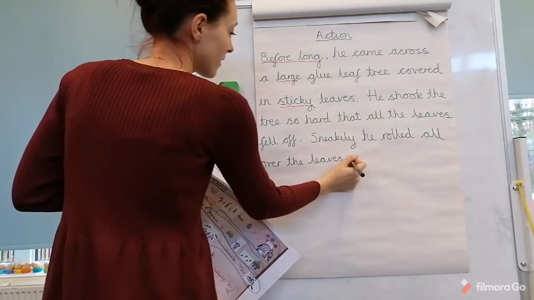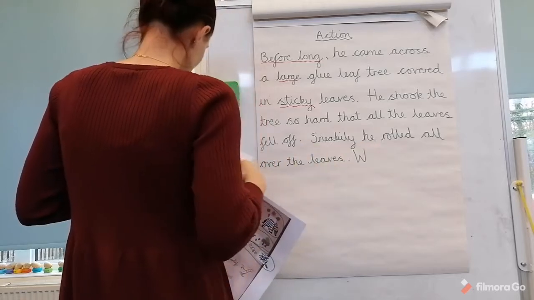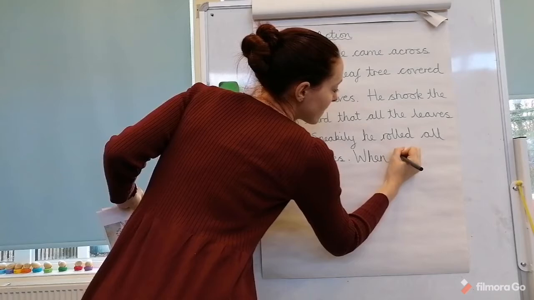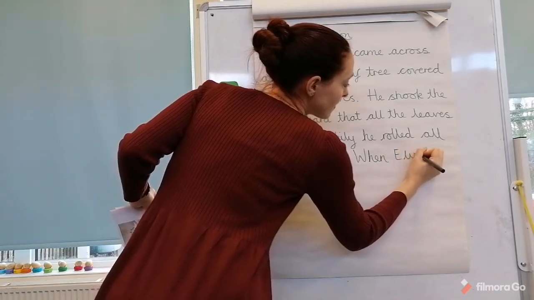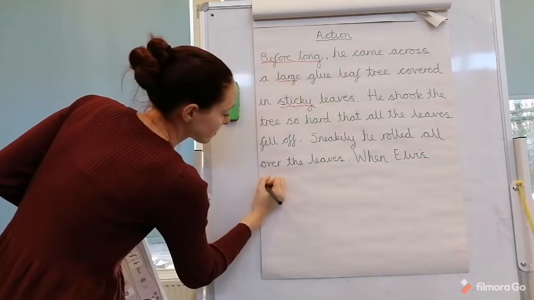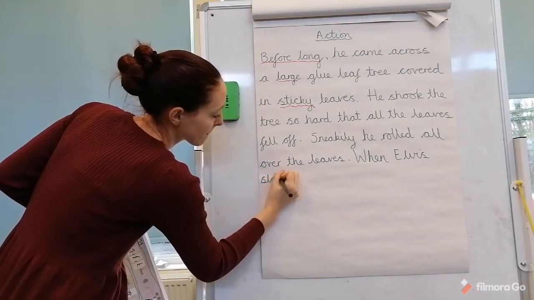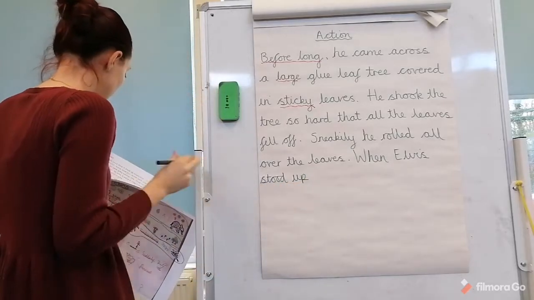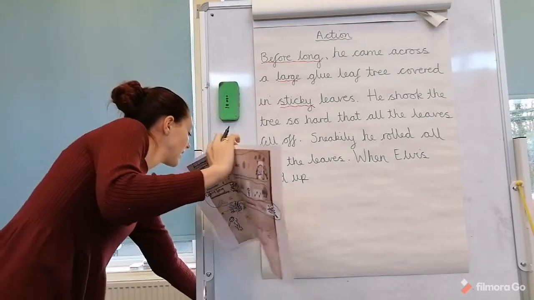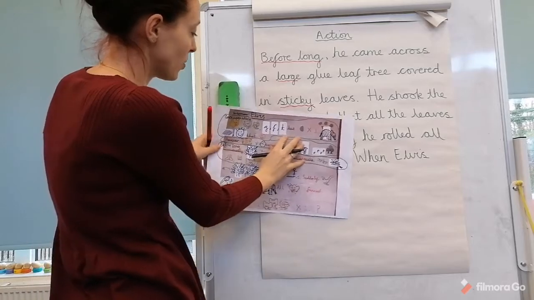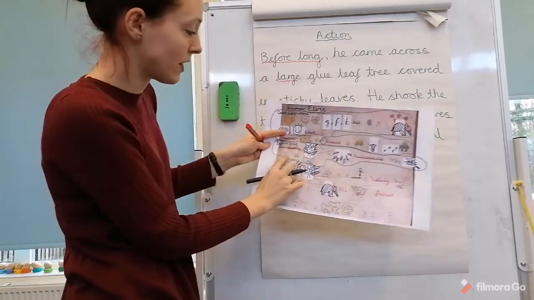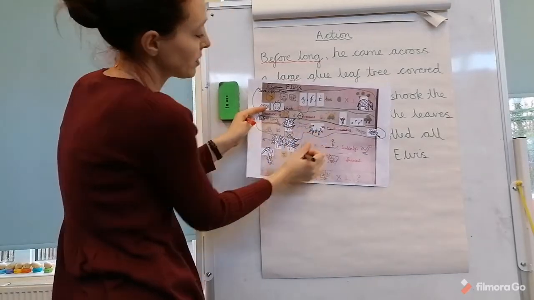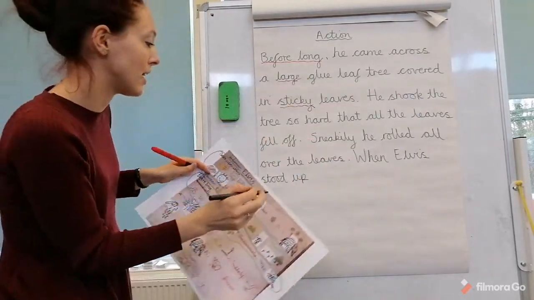Full stop. When Elvis stood up, he looked like any other glue leaf tree. So here we go. When Elvis stood up, he looked like any other glue leaf tree. I crossed him out. I forgot to sticker over him there, so I've just done it as I went along.